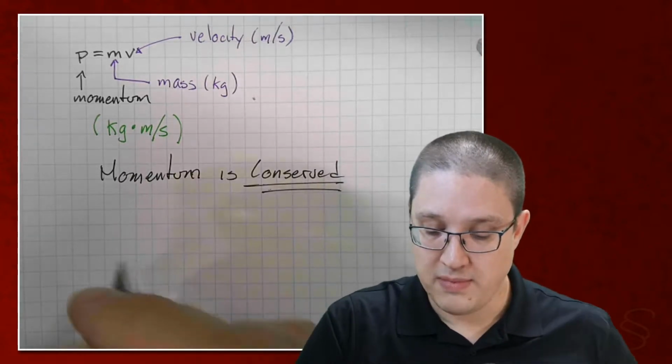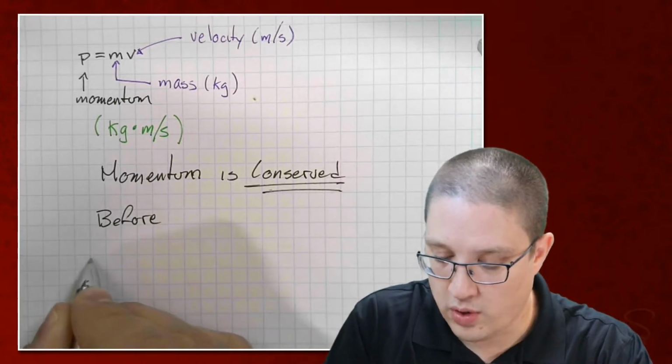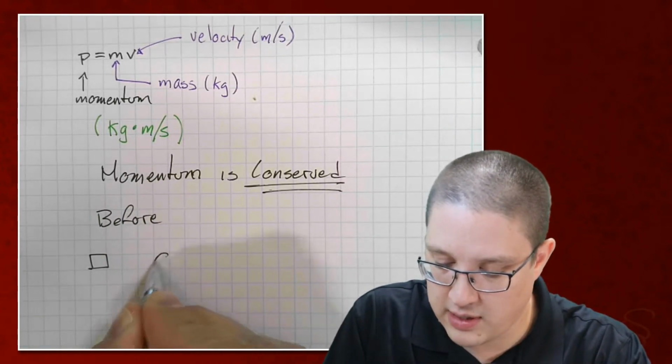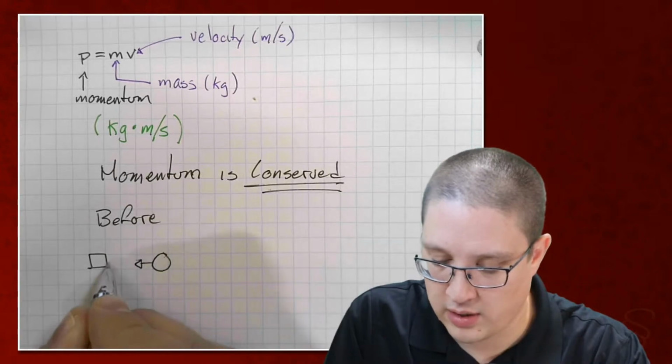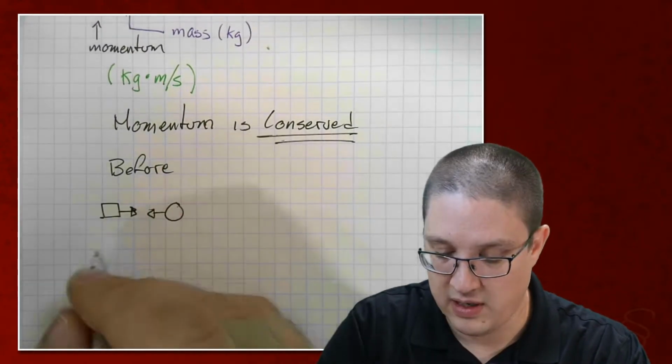So what this means is that before, say I have two objects that are going to collide, I can figure out the momentum of these.